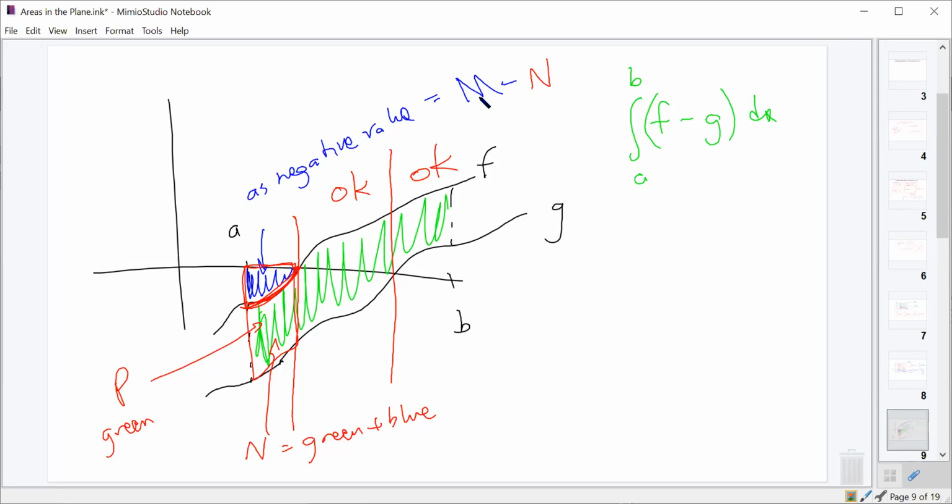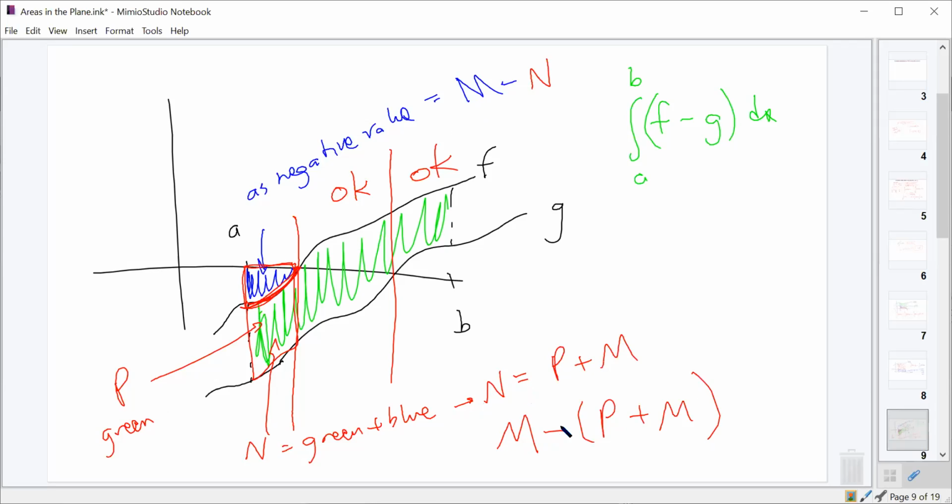So how can I rewrite n? n should be equal to what? Should be equal to p plus m, true? Yeah. And so what we're effectively doing is m minus the quantity p plus m.